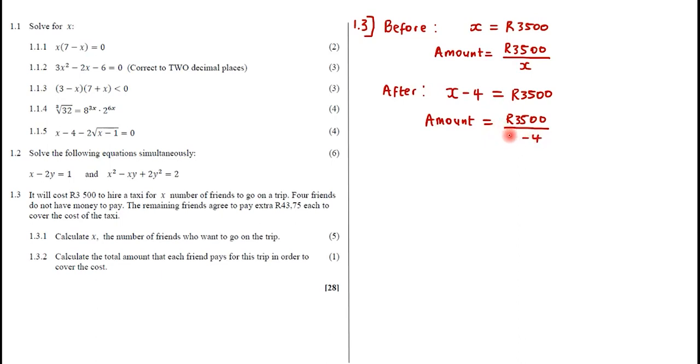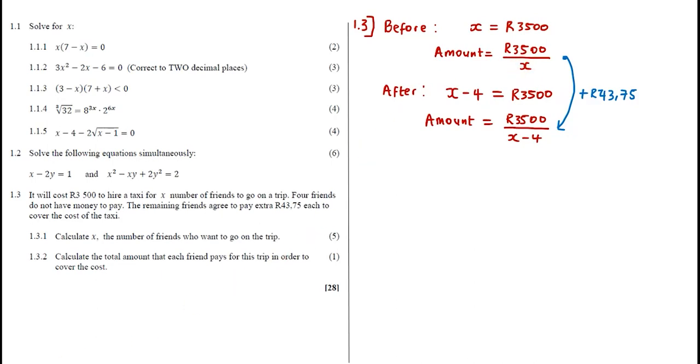Now from this, what we notice as friends that are paying is that from initially until now, the difference between the money that we're supposed to pay and the money that we're splitting now has grown by 43 rand 75 cent, right? So now the question wants us to find out how many friends we are.